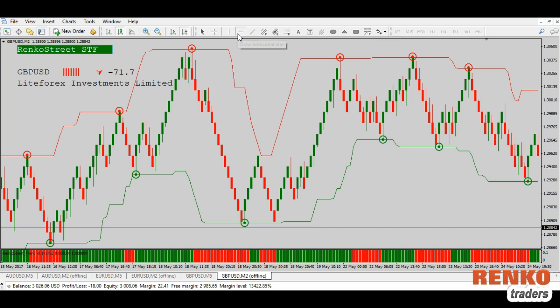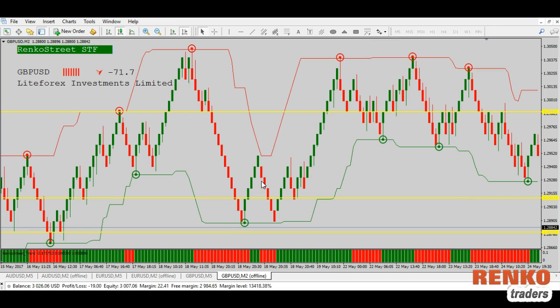Now, for the risk, they suggest to put it about 10 pips below the bottom line. So if you're taking a long position here, your stops would come about 10 pips below the line. And your target would come somewhere here, assuming that you entered here.